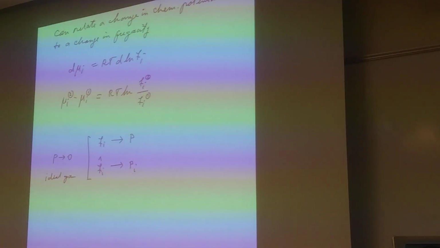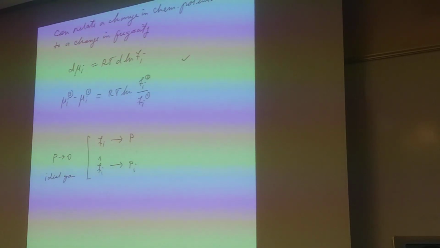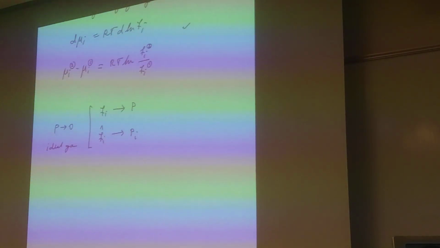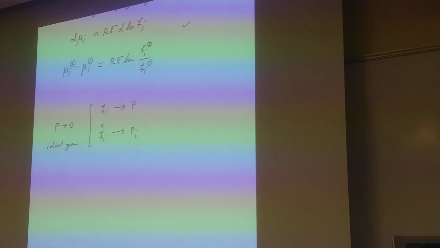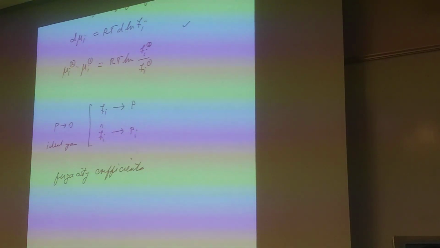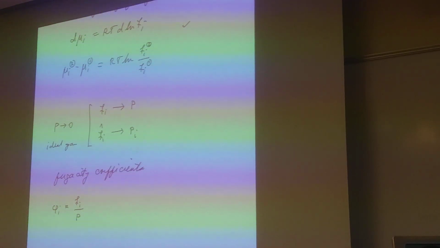And we could integrate from a low pressure condition to whatever condition we are interested in using equations like this, and define for ourselves what are called the fugacity coefficients. So φ_i here is defined as the fugacity coefficient of a pure component i, and it's defined as the fugacity over the pressure.